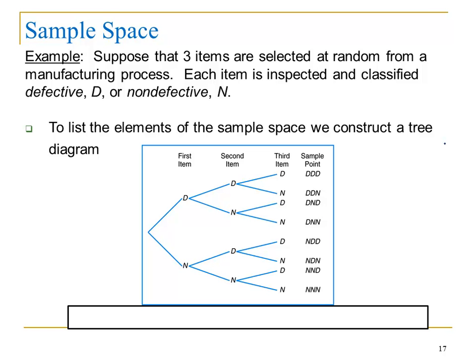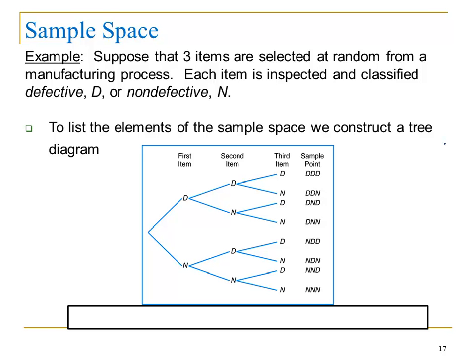So if you select 3 items from your manufacturing process, these are the only 8 outcomes for that experiment. It could be any of those, but those are the only options that you will have. You cannot have any other outcome for that particular experiment. Okay, so either you have 3 defectives or you have 2 defectives, non-defective.